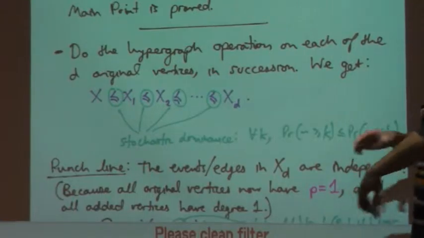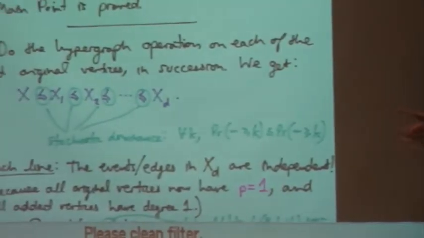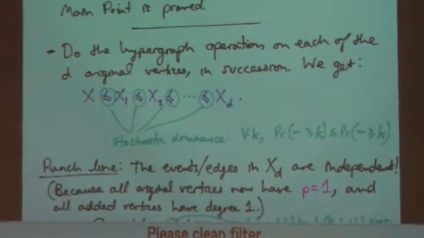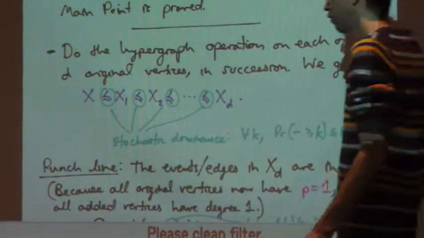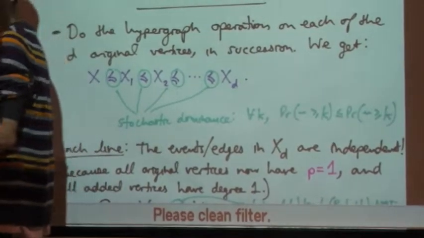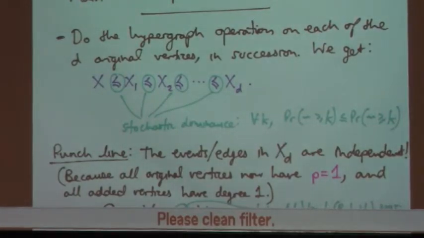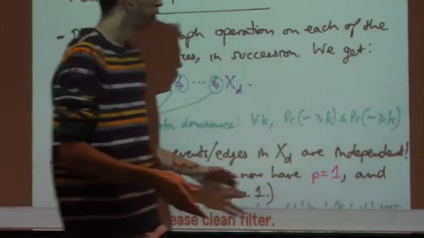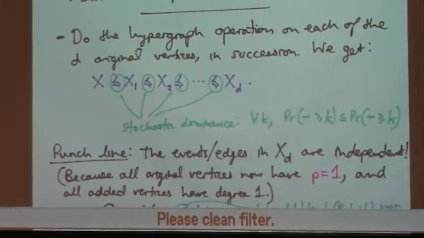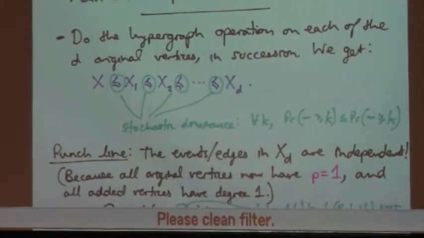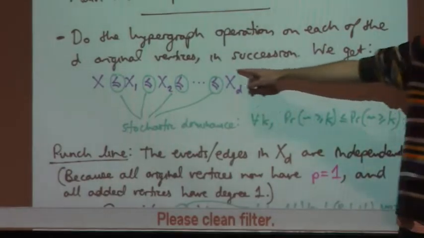The only vertices that actually have any probability are the ones we added, and all the vertices we added had degree exactly 1. So every vertex we added only affects one edge. Those are the only vertices in play, so the edges come up independently in this last one.